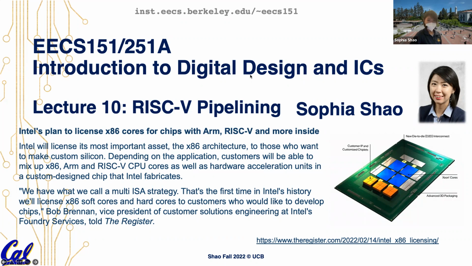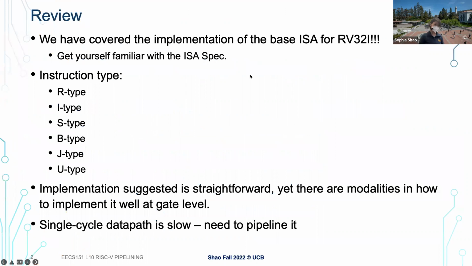So with all the different IPs, let's still focus on our favorite friend, RISC-V, and see how we can make RISC-V run faster. In the past two lectures, we covered the different instructions in RISC-V, all the different types of instructions, encoding, and a baseline data path that can support those functionalities.